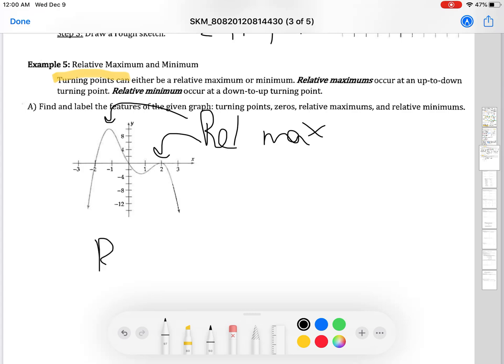This right here is a relative minimum. Those also happen at turning points, so all of those are turning points, but they're more specific in being relative maximums or minimums.